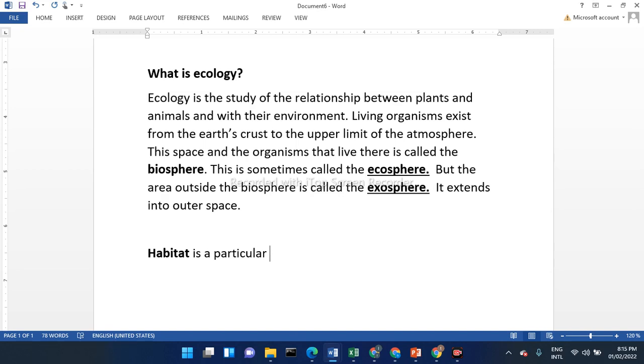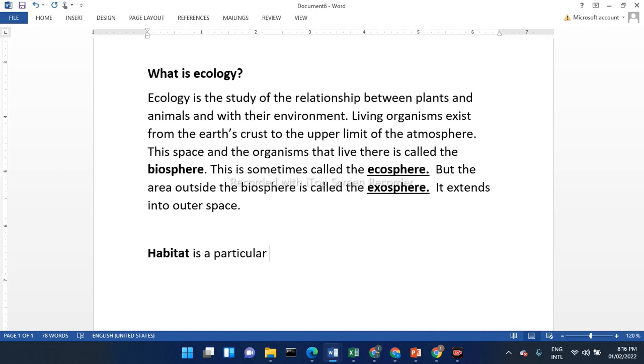Okay, let's use a Bahamian example. Let's use a seashore example, the beach. So that's our environment, that's our ecosystem, right there.